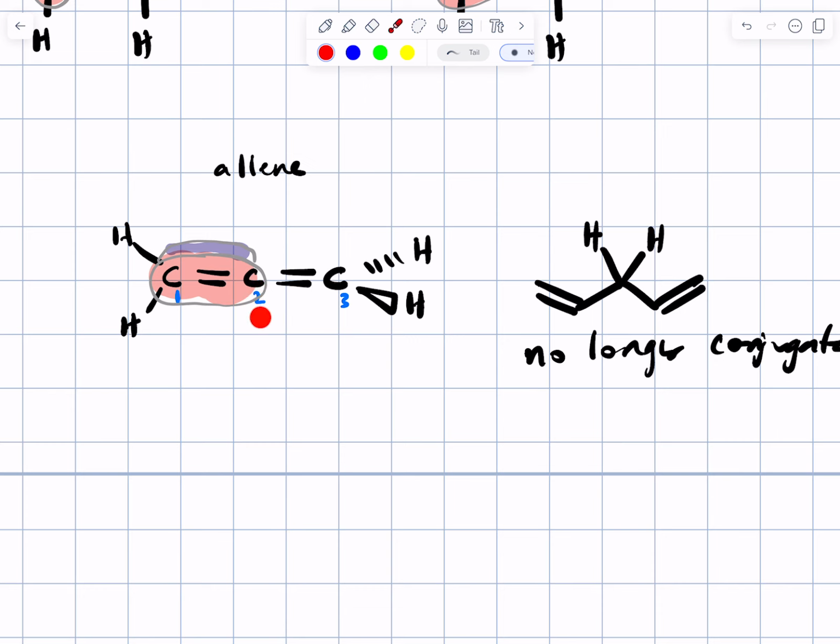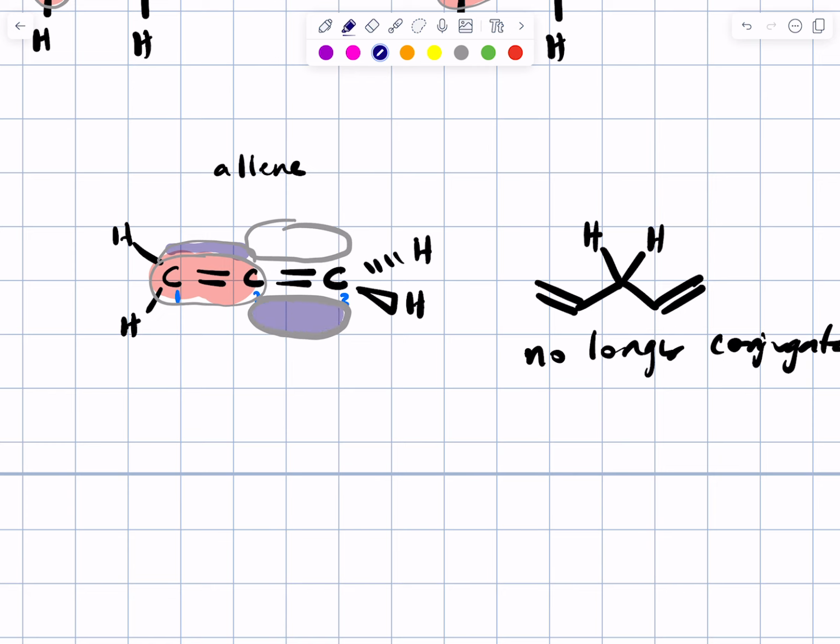Carbon 2 is sp hybridized. It's involved in a pi bond with carbon 3, but the only p orbital from carbon 2 that can be involved in the pi bond with carbon 3 is the one that's in this direction, entirely within the plane of the page, like that.